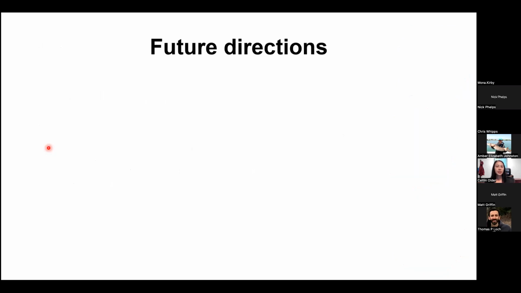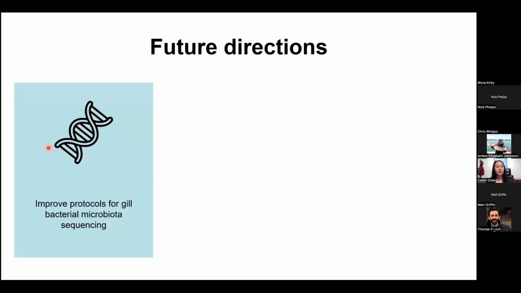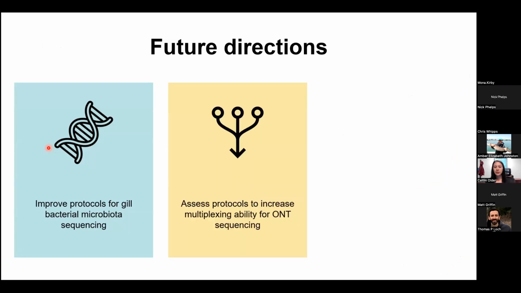As for future directions, there's quite a few places I could take this technically. So I think there's a lot of room for improvement in the protocols, especially for the gill bacterial microbiota sequencing. Also, it would be nice to assess protocols that allow for increased multiplexing ability for the nanopore sequencing, since currently we had to split across multiple flow cells.